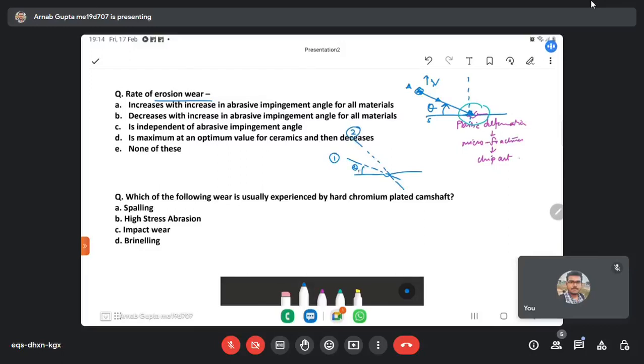It's theta 1, and this is theta 2. In which case do you expect a higher energy of impingement or higher deformation of the material?